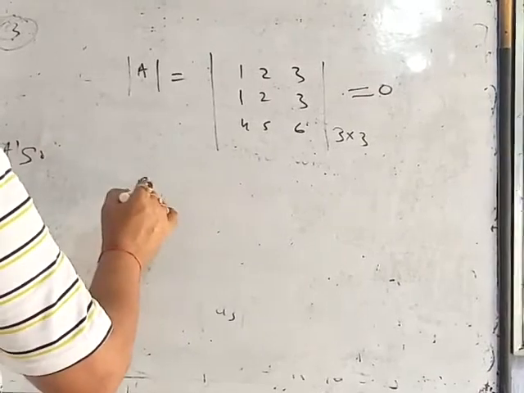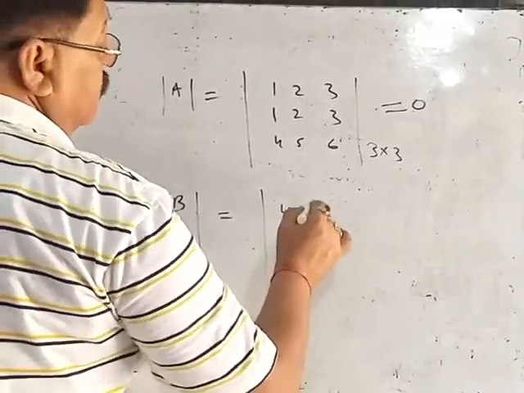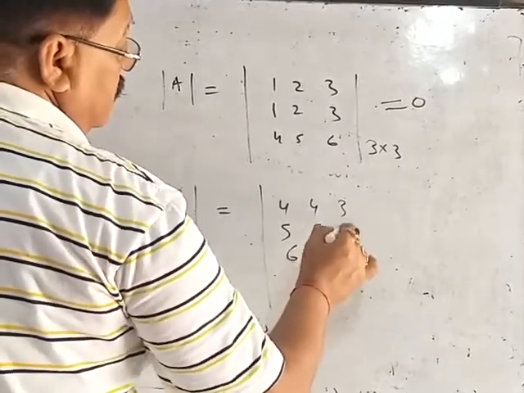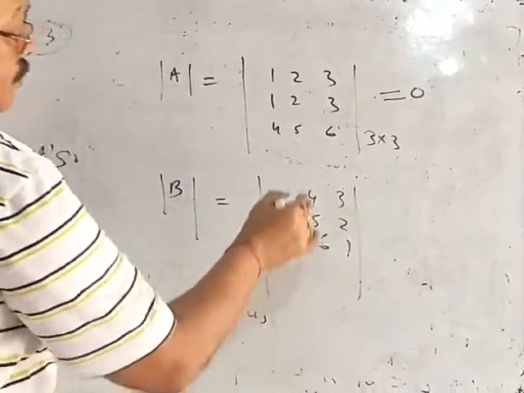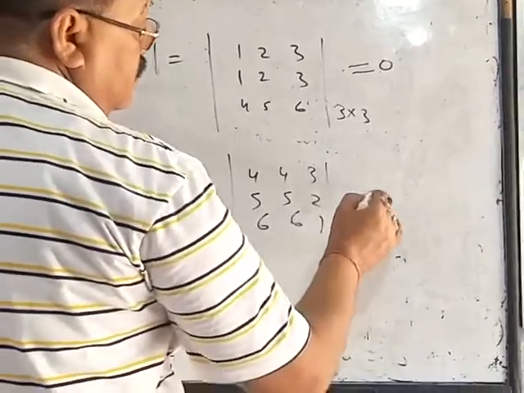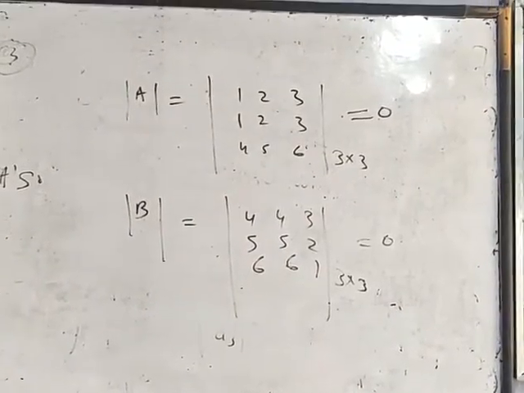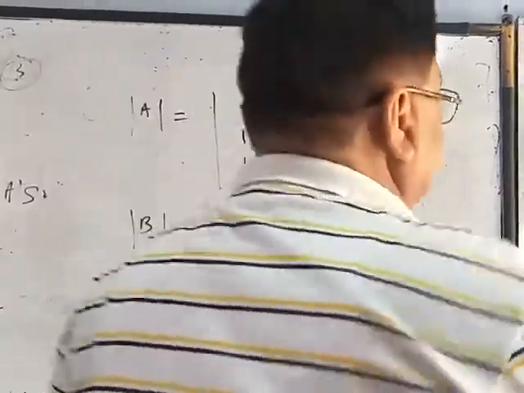Also the determinant 4, 5, 6, 4, 5, 6, 3, 2, 1: the elements of two columns are equal, so again this value will be 0. This is the third property of determinants. Now the fourth property.